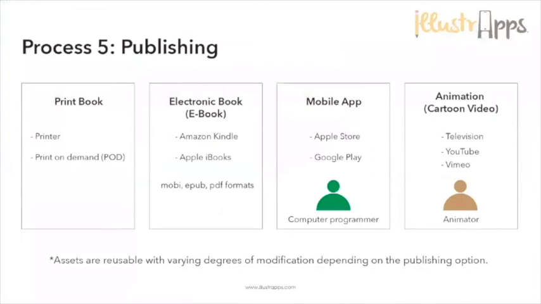For mobile apps, there's going to be a bit of a modification, and I explain as follows. Apple, for example, does not allow for you to just take a static storybook and just make it into an app. For them, it's better suited as an iBook, as an electronic book for people to read. If you want it to be available as an app, then Apple usually requires that you have a bit of interactivity to that story.